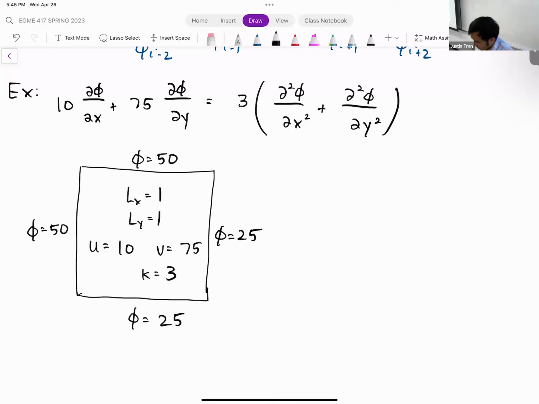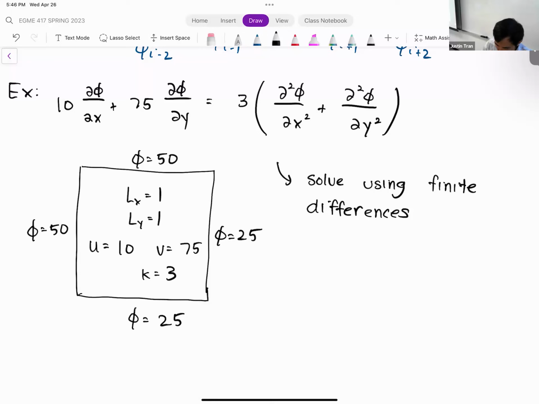Okay. So what we want to do is solve this using finite differences. But instead of what we usually do for our two convection derivatives, for both partial phi partial x and partial phi partial y, we're going to use a fourth order scheme.